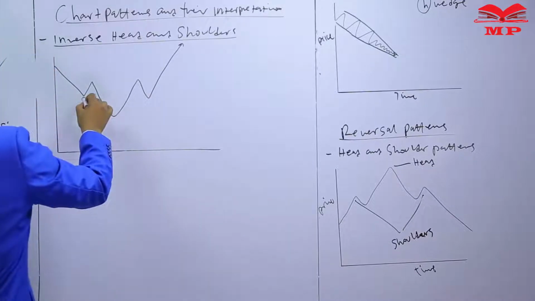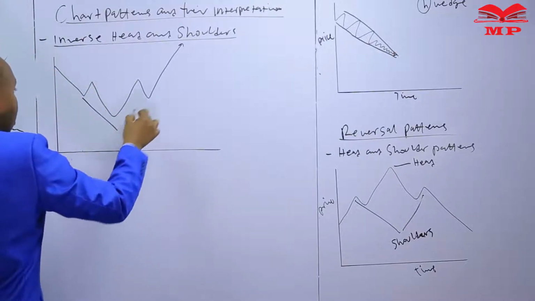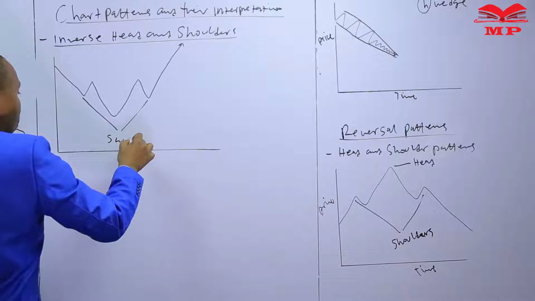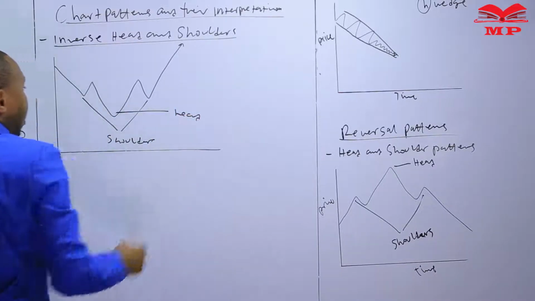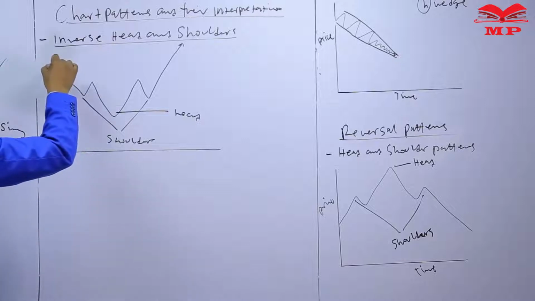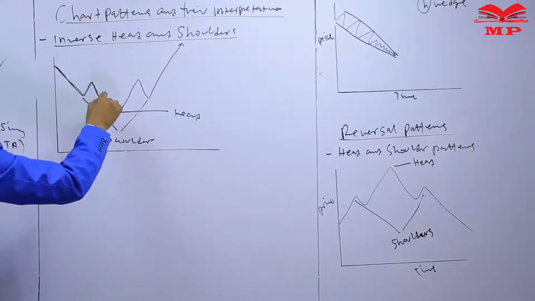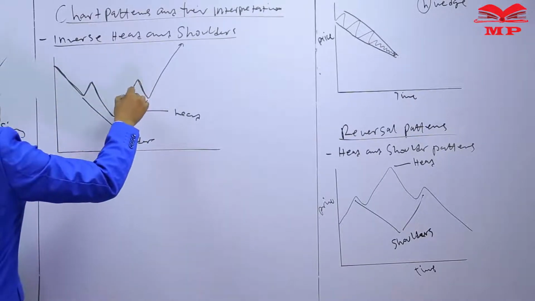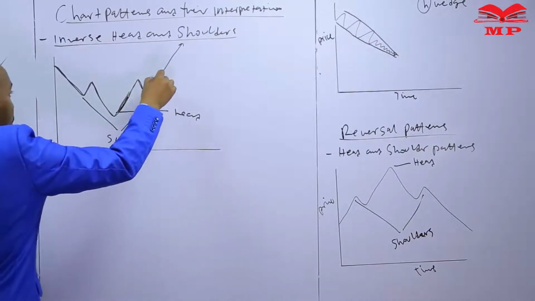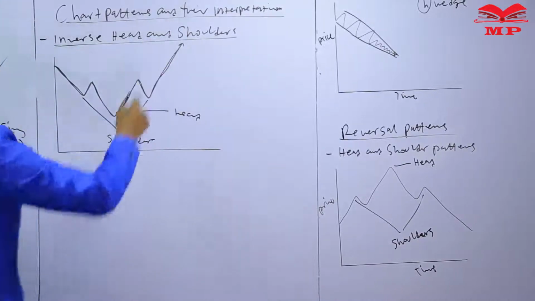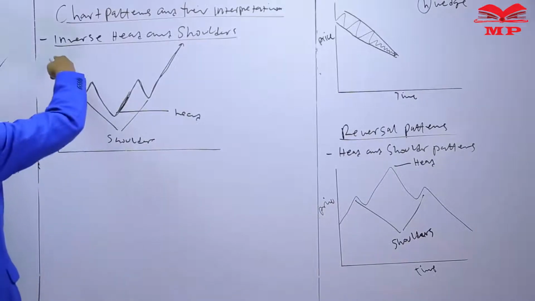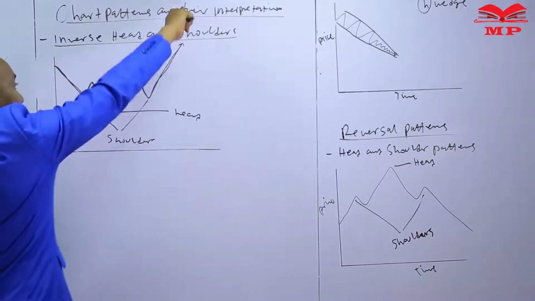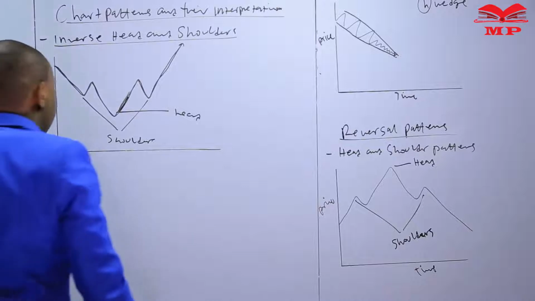These are the shoulders, and that is the head, like that. So you can see that the pattern is moving like that. So this one is going to be a bearish trend, or it's almost going to be a reversal, and what we had looked at before, reversal. So it's actually a downtrend, then it changed back, it moved back up like that.